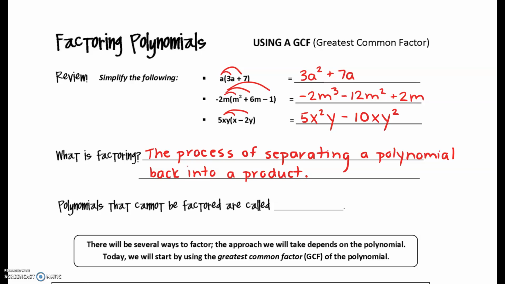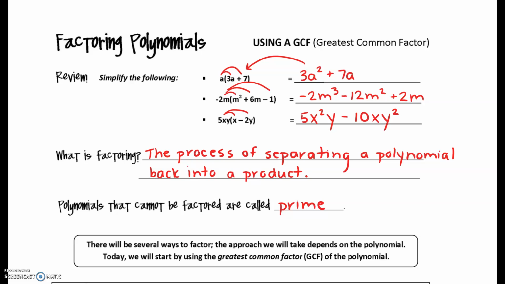So we're going to take something like 3a squared plus 7a and factor it back into what you were given in the beginning. We're going to pull that a out and write what is left over in the parentheses. If something cannot be factored, those polynomials are considered to be prime, meaning that they cannot be factored any further.